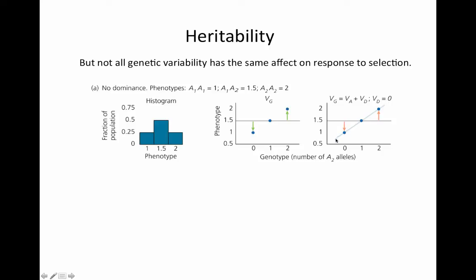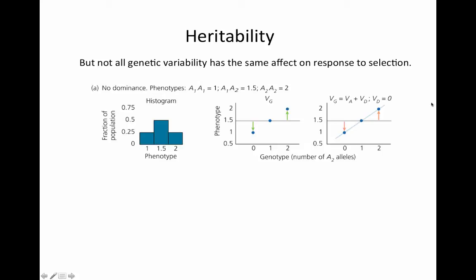We've got a very strong correlation between genotype and phenotype, so that means that there's going to be a very strong tendency for offspring to resemble their parents because each genotype has its distinct phenotype. Another way of thinking about that is that the variation in genotype is exactly reflected in the variation in phenotype.